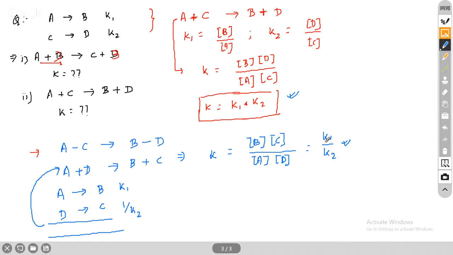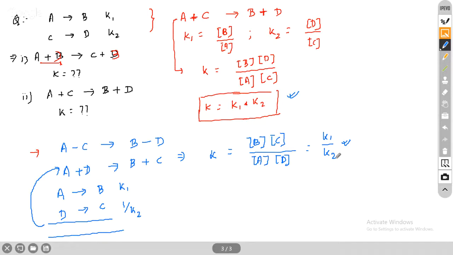The reaction which we are subtracting, which is in the minus, its equilibrium constant comes into the denominator. Third thing, when we reverse a reaction, the equilibrium constant will also get reversed. So K2 becomes 1 by K2 over here. These are the important points which help a lot in solving questions.